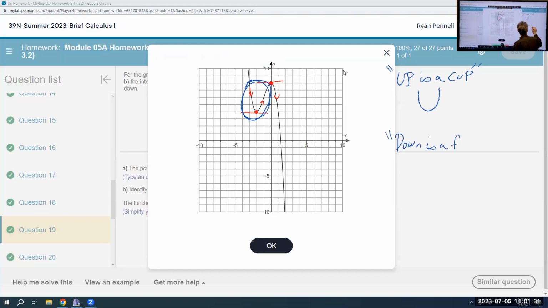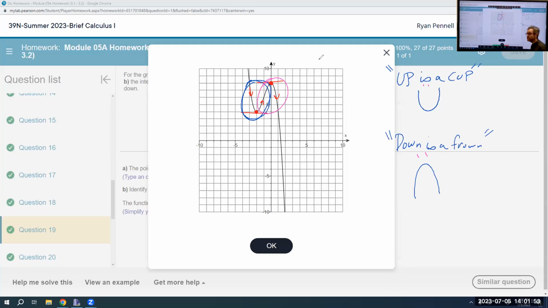Down is a frown. Where does that occur? That's occurring here. A downward turn. Okay, we have a little frown there. Up is a cup, smiley face.